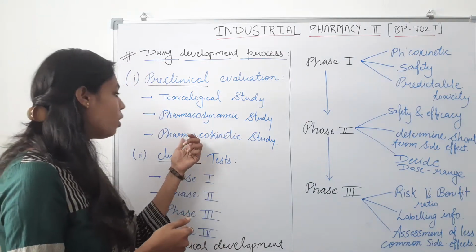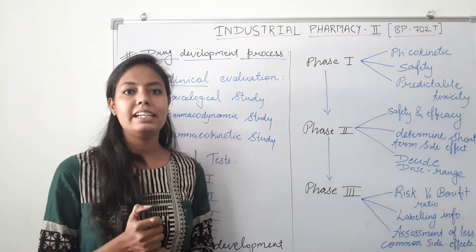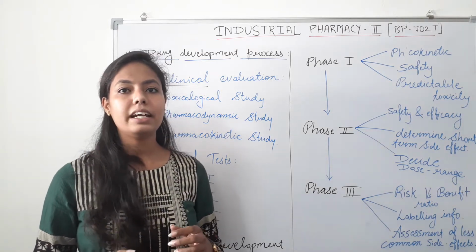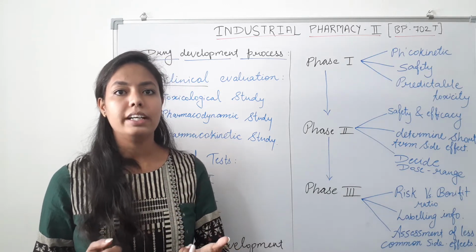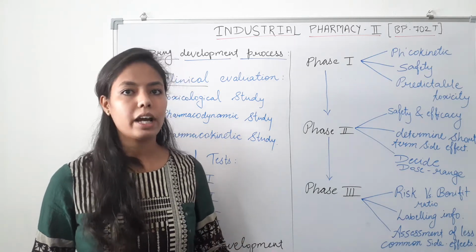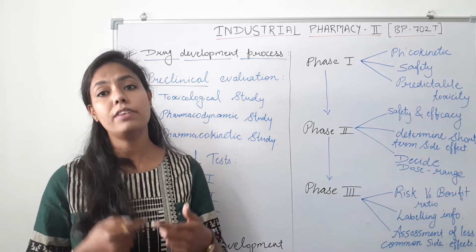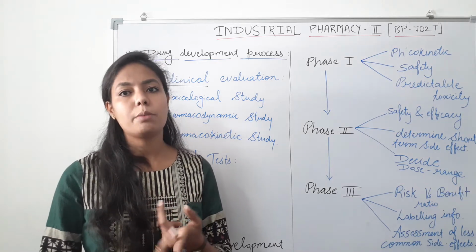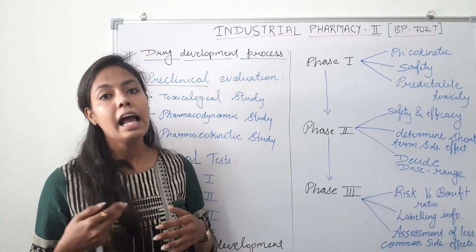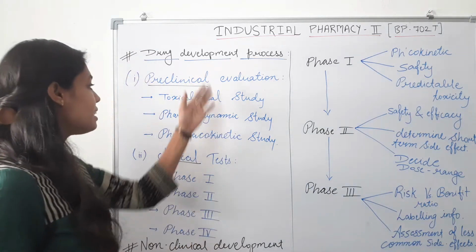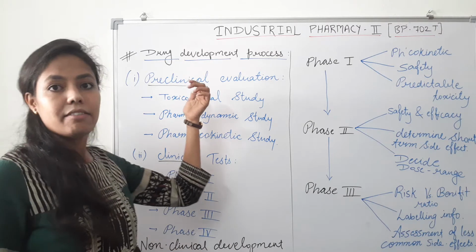Further, we will talk about pharmacokinetic studies. In the pharmacokinetic study, the lead molecule that emerged after the above two studies is subjected to pharmacokinetic evaluation, in which we will discuss absorption, distribution, metabolism and elimination in different experimental animals. So, these are the three preclinical evaluations.